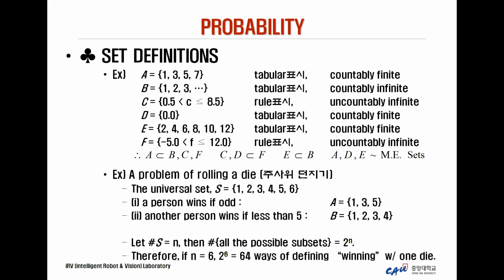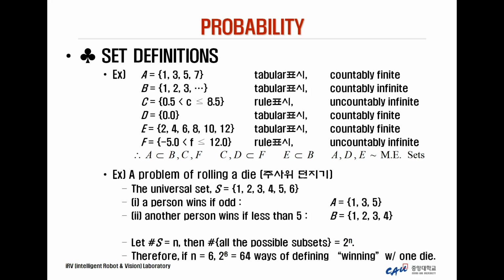Okay, another example. We have a problem of rolling a die. So our universal set is very simple, defined as S, whose elements are 1, 2, 3, 4, 5, 6. Only 6 elements inside. The first condition: a person wins if odd. The second condition: another person wins if less than 5.